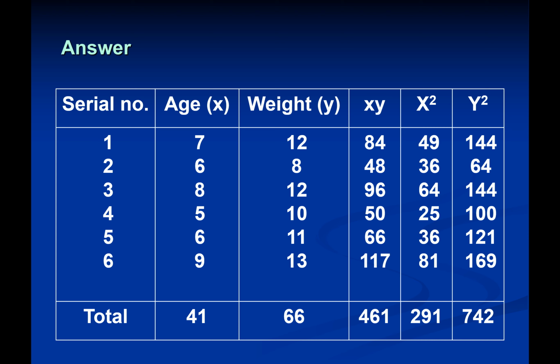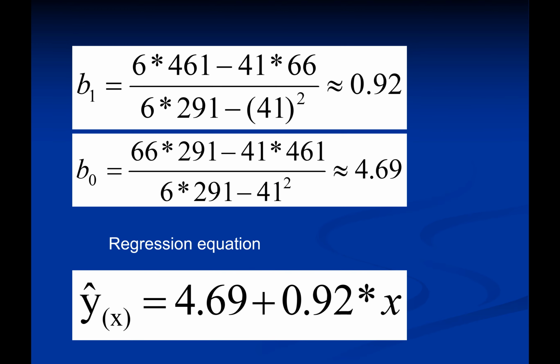Then we come up with all these different totals: total of x, total of y, total of xy, total of x squared, total of y squared. Then B1 we can easily find using the formula. B1 turned out to be 0.92. B0 is 4.69.